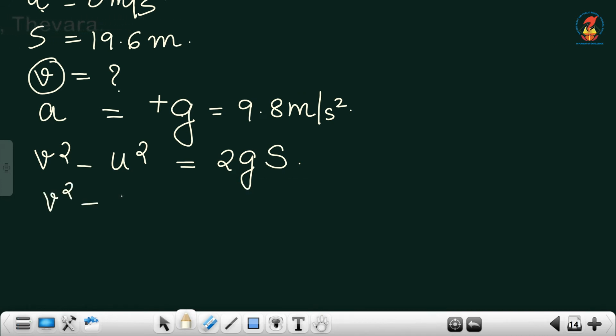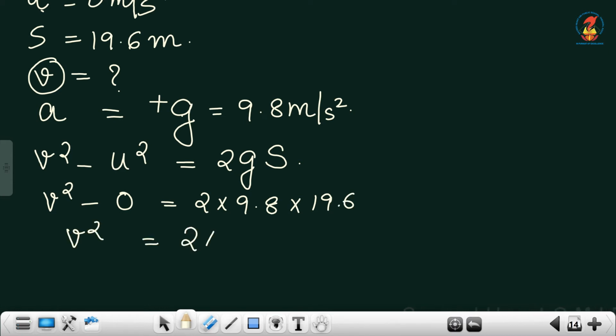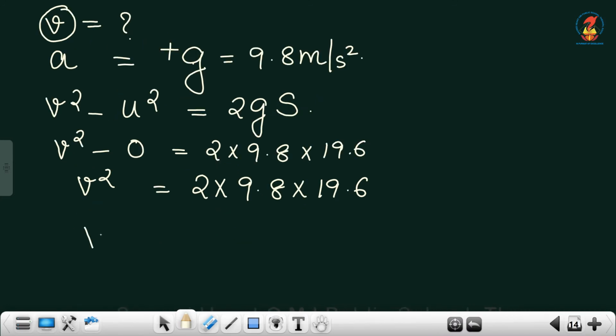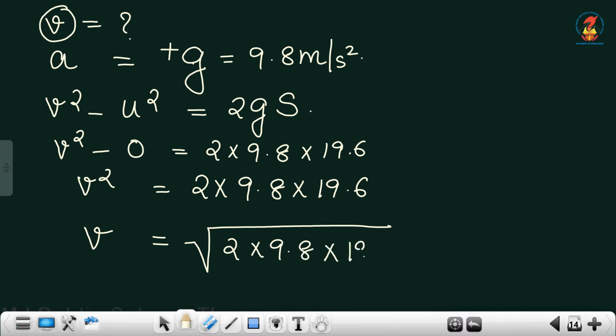That is v square minus 0 is equal to 2 into 9.8 into 19.6. That is v square is equal to 2 into 9.8 into 19.6. So v will be equal to, to solve v, take the square root, that is 2 into 9.8 into 19.6.